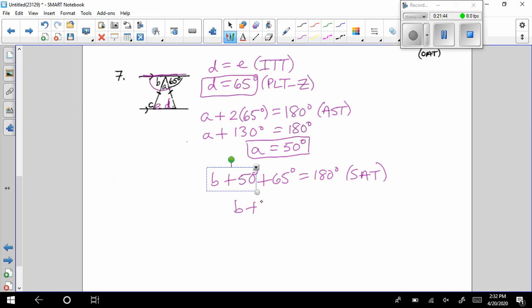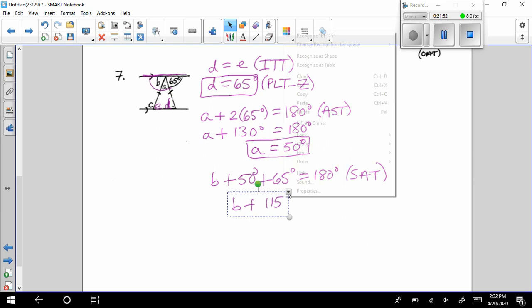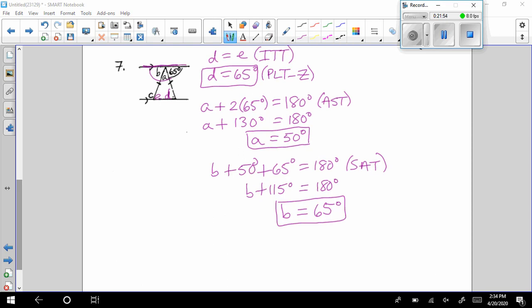And B plus 115 degrees, so 50 plus 65 is 115 degrees. Here we are again. B plus 115 degrees equals 180 degrees. Subtract 115 from both sides to get B equals 65 degrees.